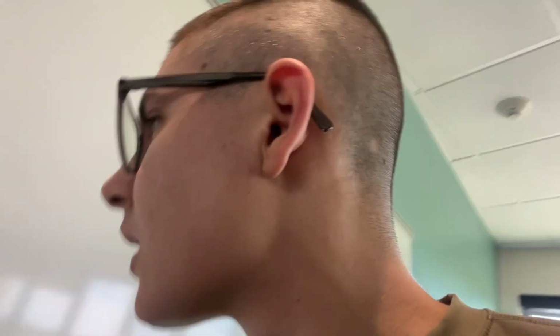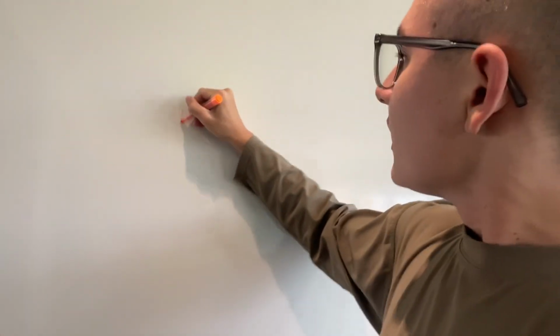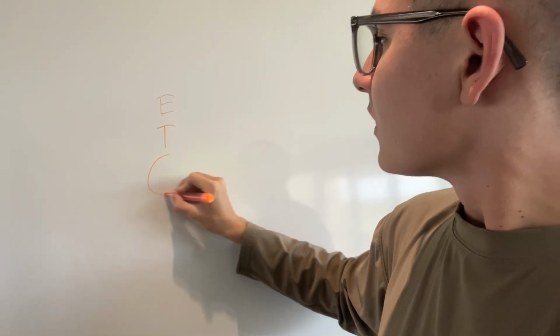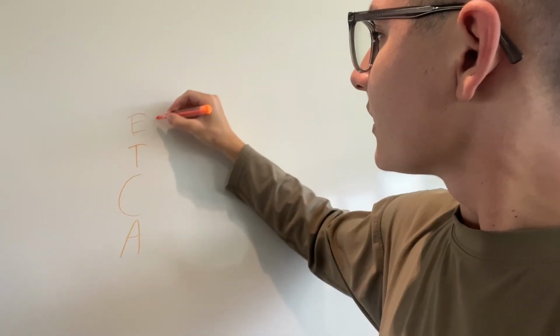Now the 4 steps, and I'll draw it on the whiteboard. Establish, trim, cross-check, and adjust.